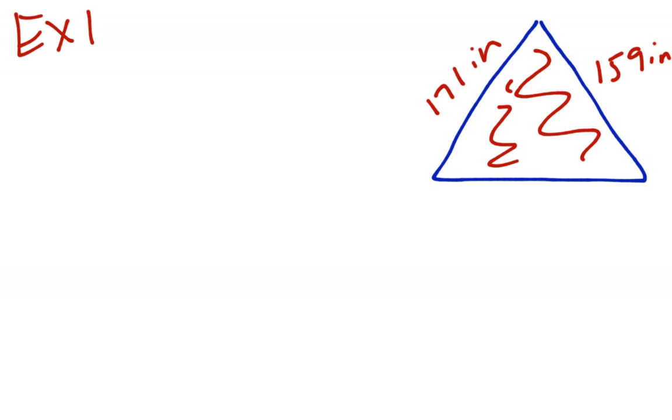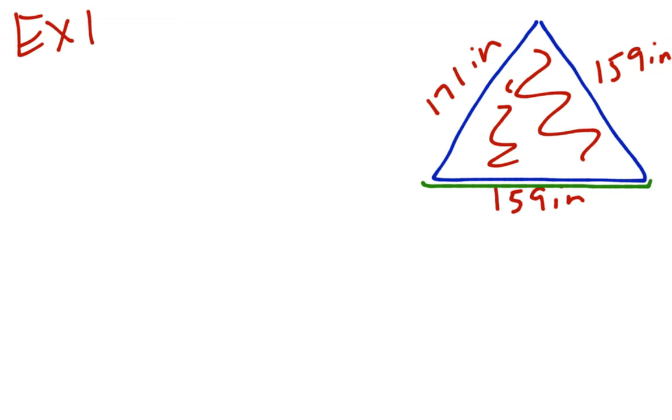And this is also 159 inches. And we're going to choose as our base, we're going to choose the bottom. Usually I choose the bottom if there is a bottom. But again, you didn't have to do that. You could have chosen the 171. And notice none of the corners are right angles.